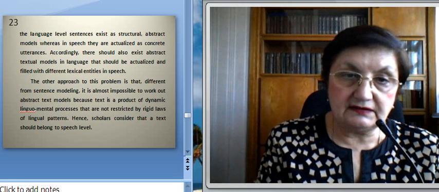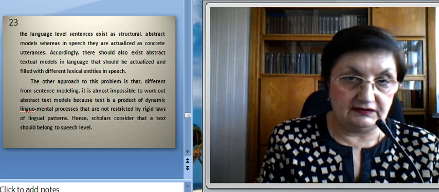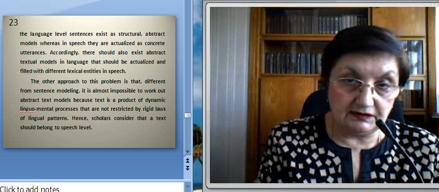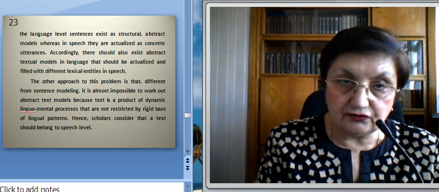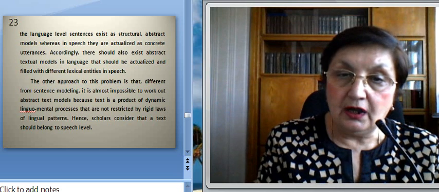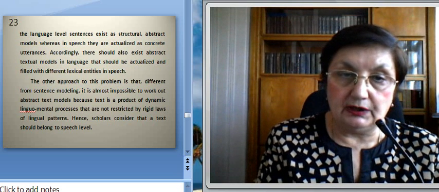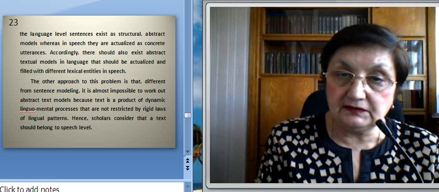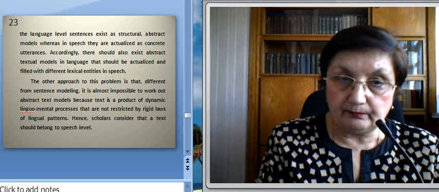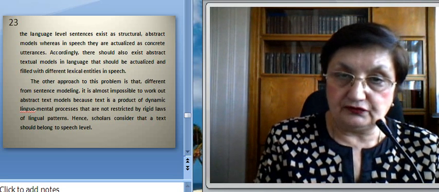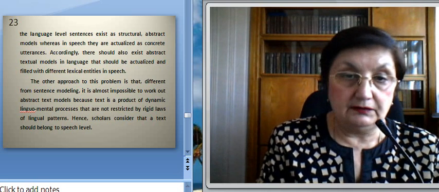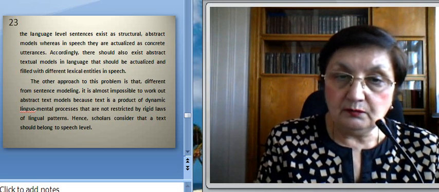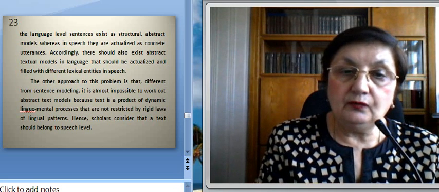The other approach to this problem is that, different from sentence modeling, it is almost impossible to work out abstract text models because text is a product of dynamic linguomental processes that are not restricted by rigid laws of lingual patterns.